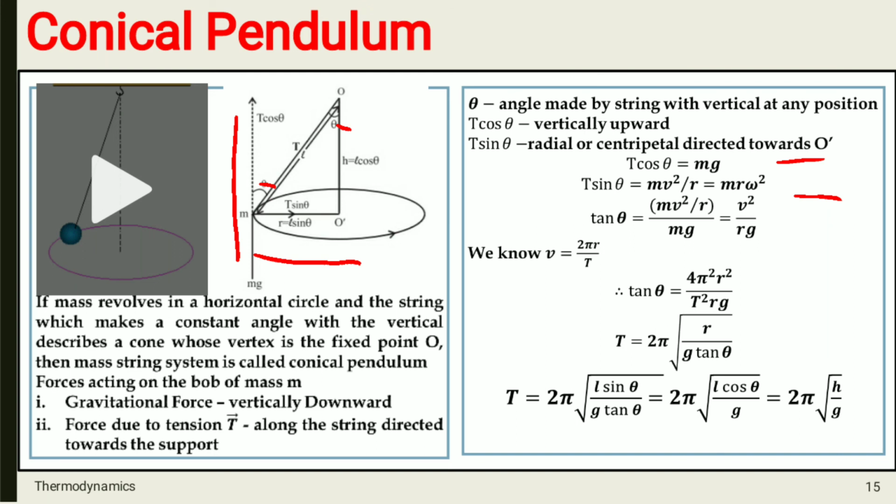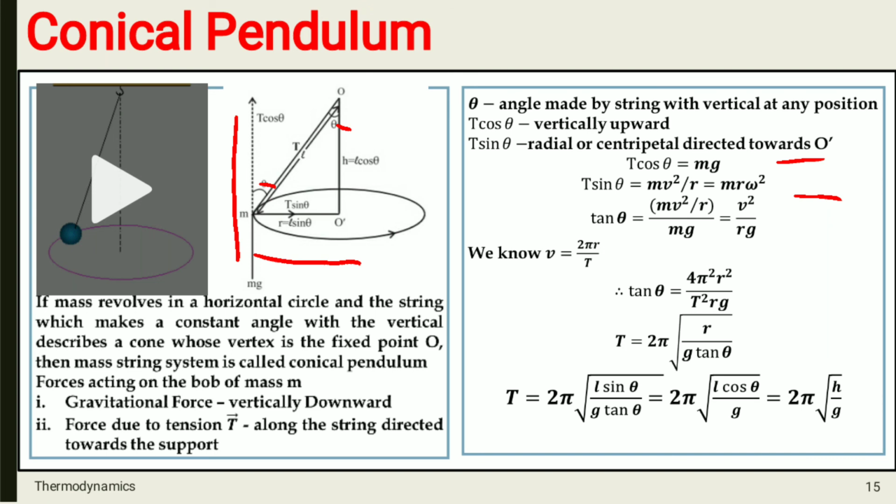Now we are going to find out the time period for the conical pendulum, that is T is equal to the square root of 4 pi square, the square root of 4 is 2 and the square root of pi square is pi. Then r gets cancelled, so under root of r divided by g tan theta. Now T is equal to 2 pi, instead of r, what you can write?